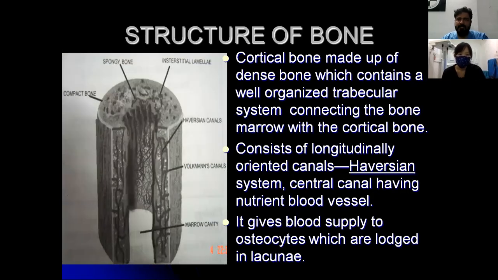Then the cortical bone is made up of dense bone which contains a well-organized trabecular system connecting to the bone marrow. The cortical bone consists of longitudinally oriented canals. These are called the Haversian system or central canal, having the nutrient blood supply. The Haversian canal system gives blood supply to the osteocytes which are lodged in the lacunae.